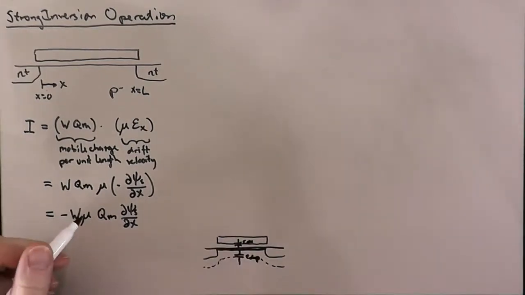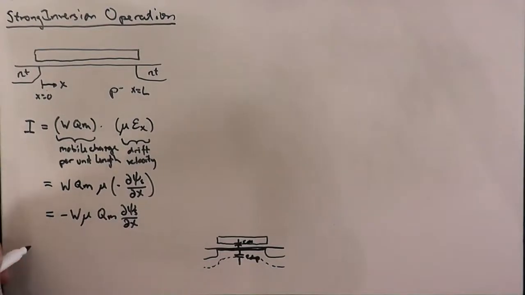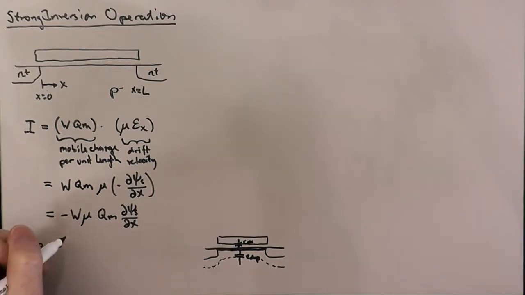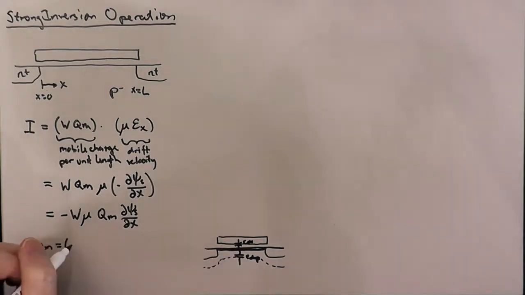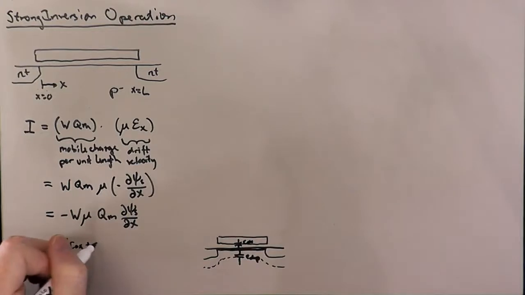And so a little test charge, delta Qm, in the channel is given by these capacitances in parallel, because from the standpoint of this middle node here, we see these two in parallel. So we get Cox plus C depletion.